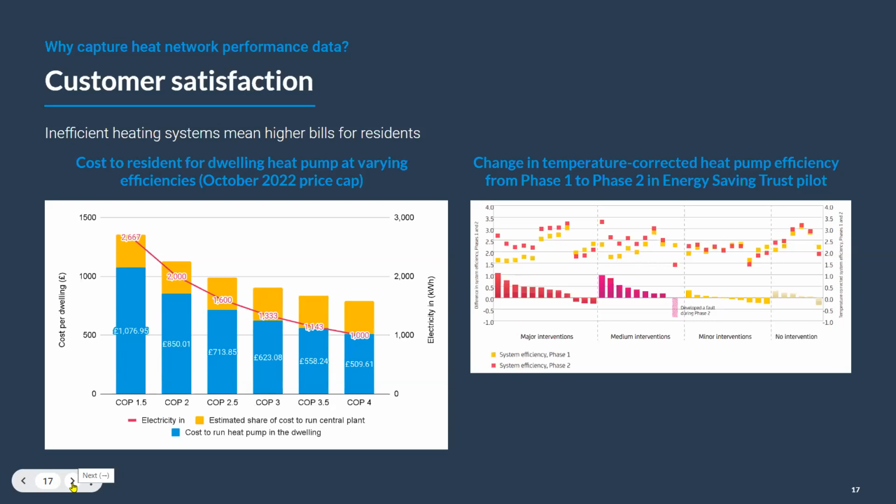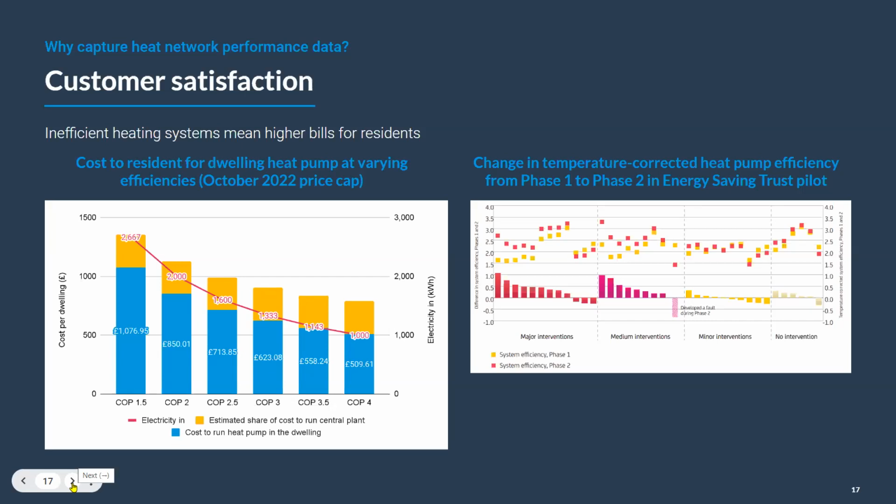These bars are annual levels. The blue part is the cost to run the heat pump, so that's the electricity cost. The yellow part is the estimated share of the cost coming from the central plant, so actually from the ambient loop. And we can see that's not an insignificant amount.